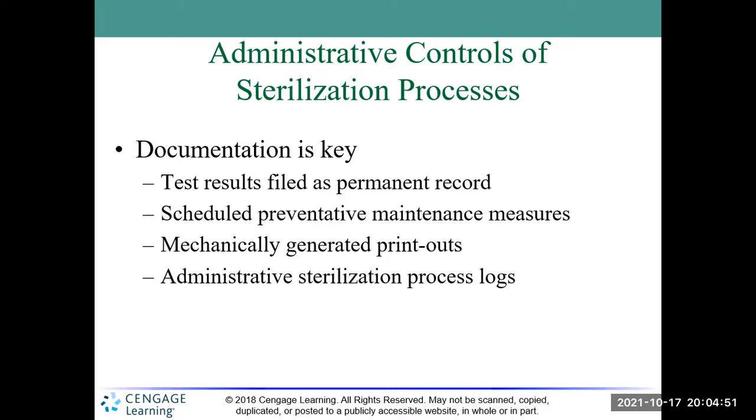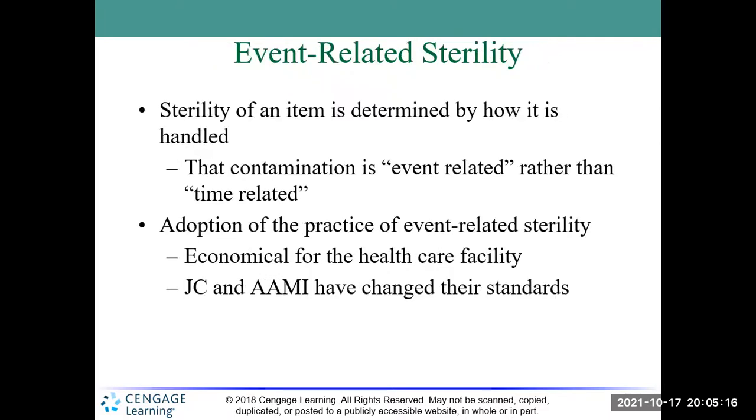Preventive maintenance measures are always documented on all the machinery, and mechanically generated printouts are always documented because the machines are constantly running calibrations and things of that nature to maintain that sterility. And then the administrative sterilization process log. Everything is documented according to procedure.